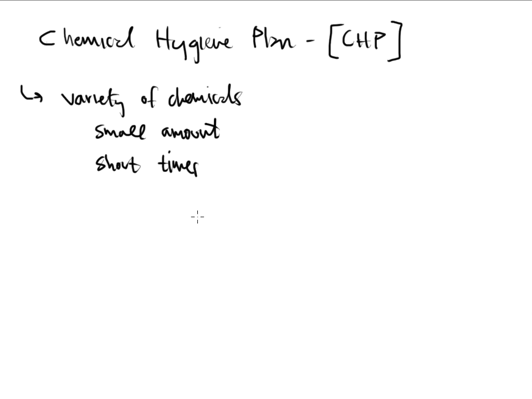Meaning that we have a 3-hour lab period. You probably do a lab in 3 hours. After that 3-hour lab period, you might not ever see that chemical ever again. So we could be working with something hazardous, but we're working with it in very small amounts, and in very brief times.